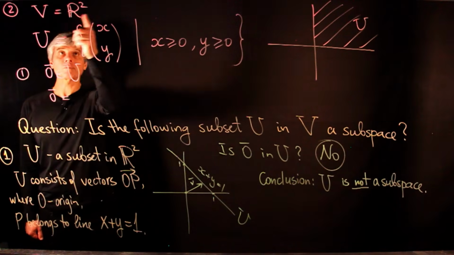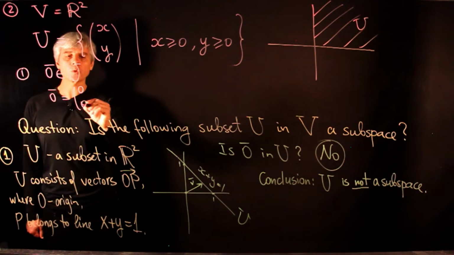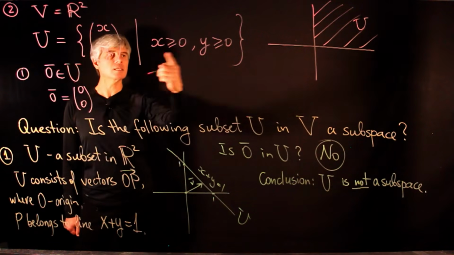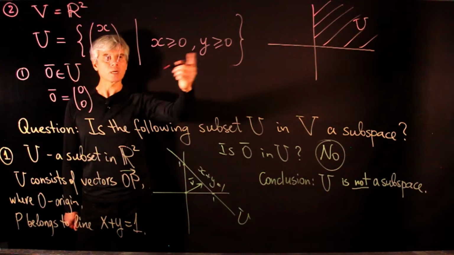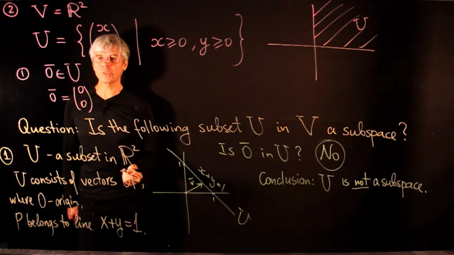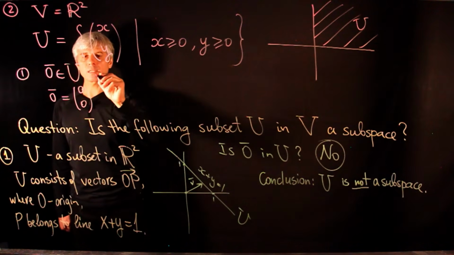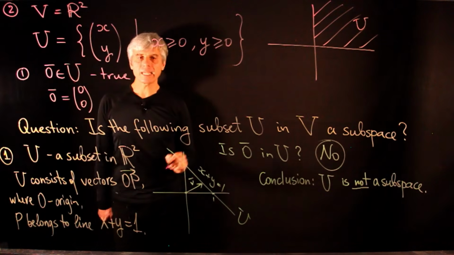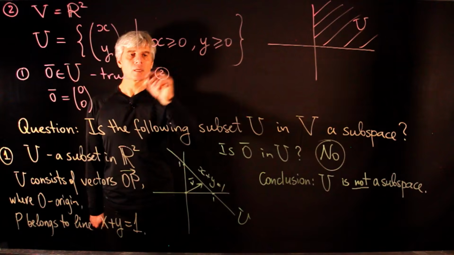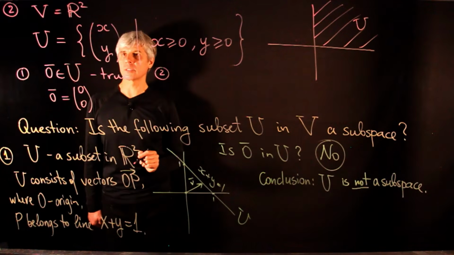The 0 vector in R2 is a vector with two components 0. And indeed, it meets the criteria here. The components of this vector are non-negative. So this property holds. So this is true.